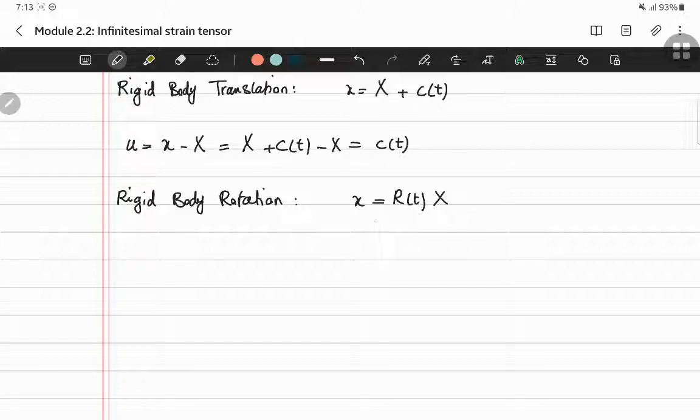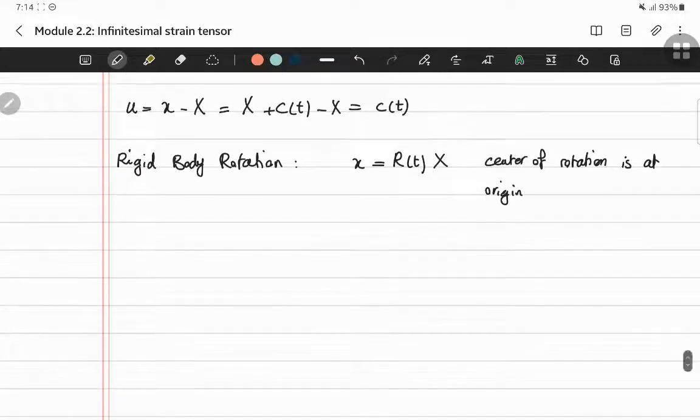But this holds when the center of rotation is at the origin. If it is not, then you have a vector like b.